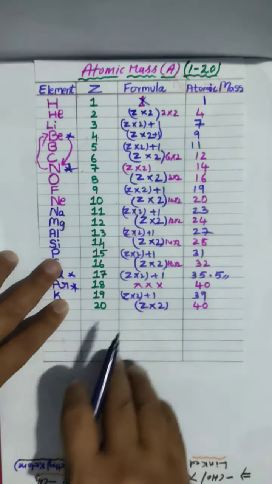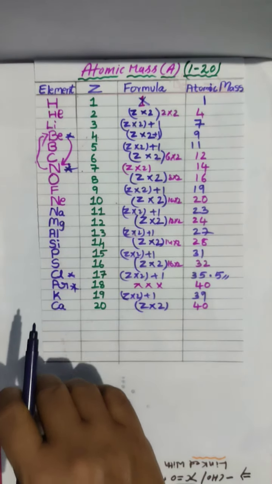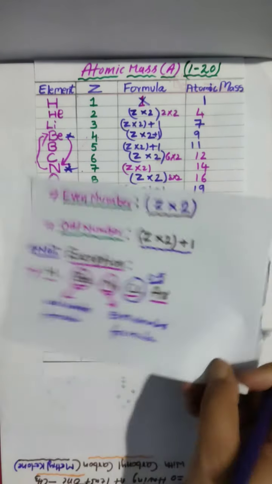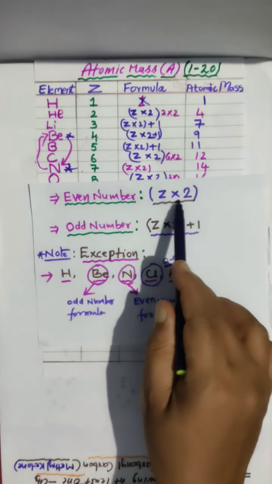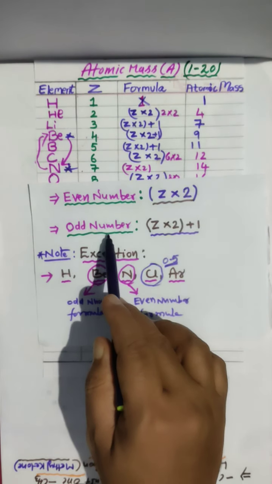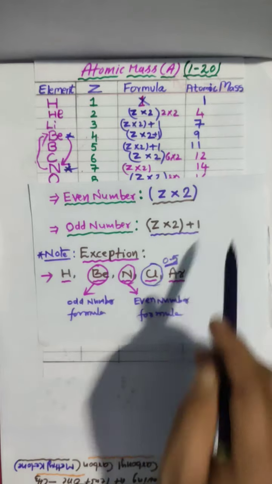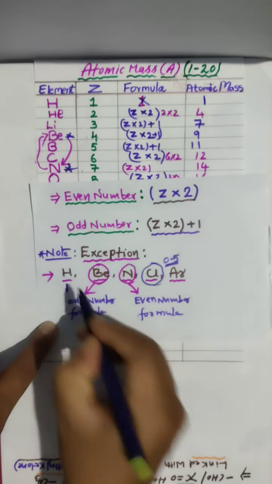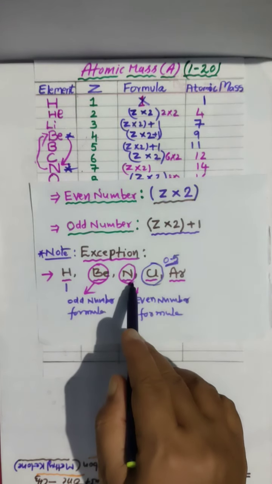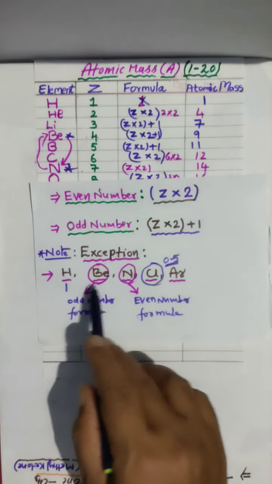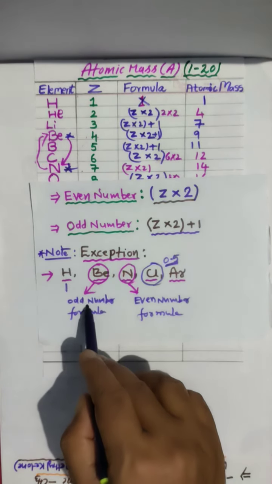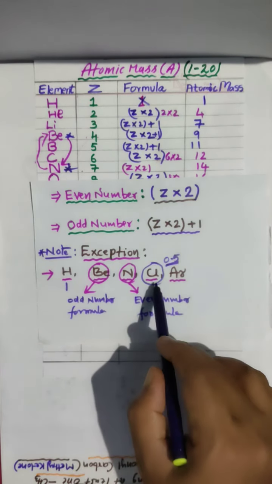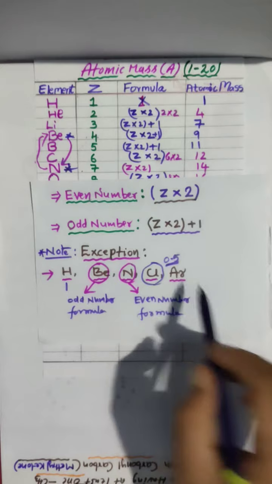For hydrogen, atomic number and mass number are the same. I repeat: even number, Z into 2; odd number, Z into 2 plus 1. Hydrogen is an exception, atomic mass 1. Beryllium and nitrogen, we have to reverse. Chlorine, add 0.5.